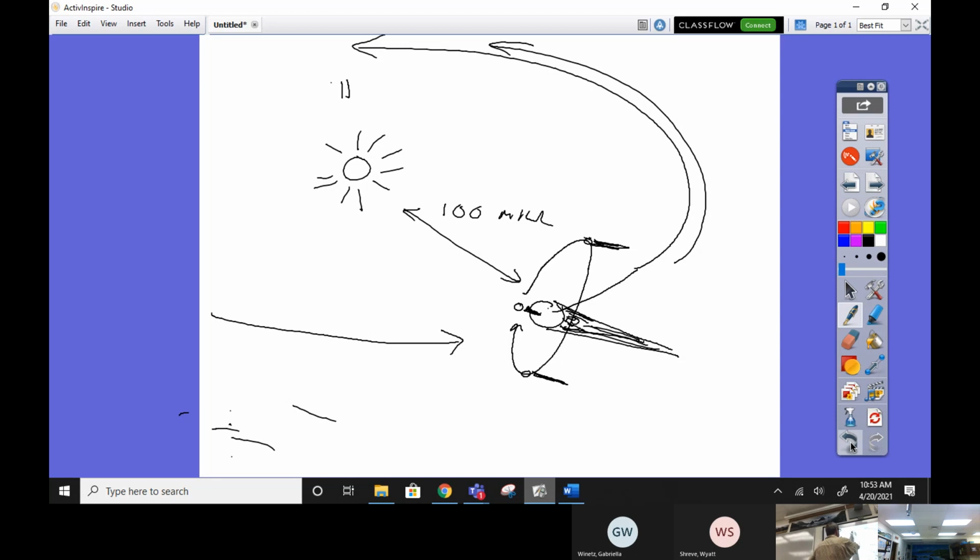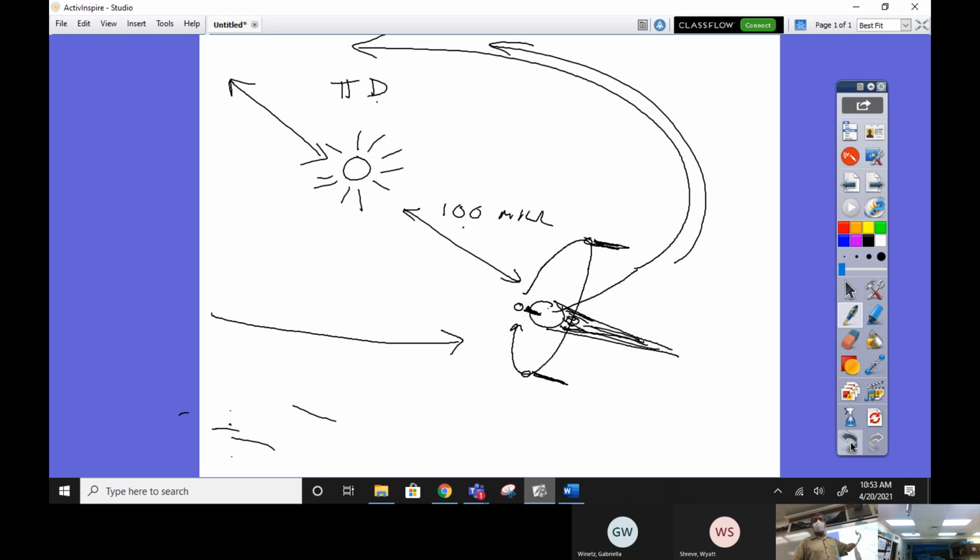And everybody remembers pi r squared, but that gives you the area of the circle. The circumference is pi d. So d is 2 radiuses, right? 100 million in each direction. So 200 million times pi.